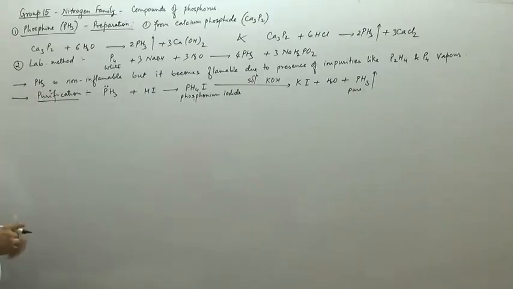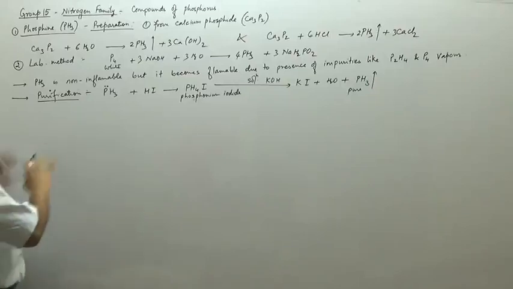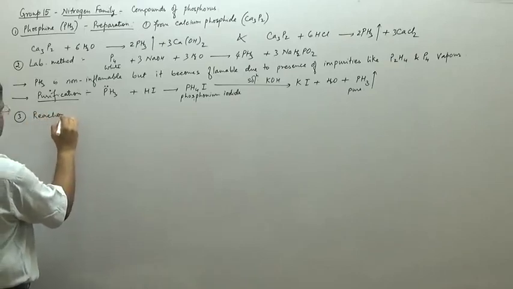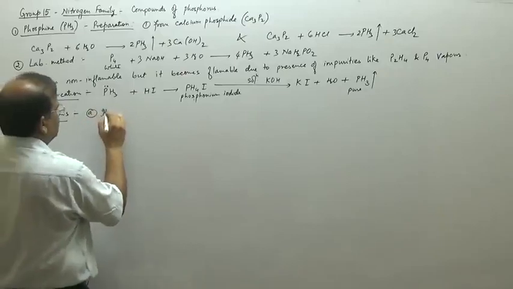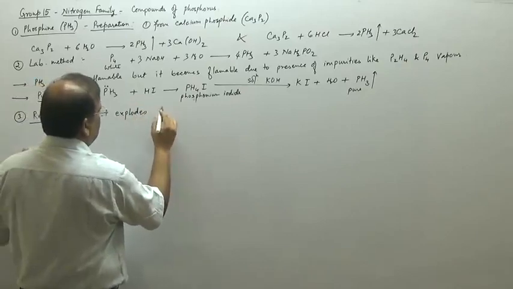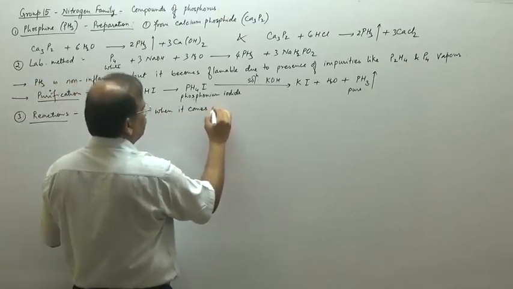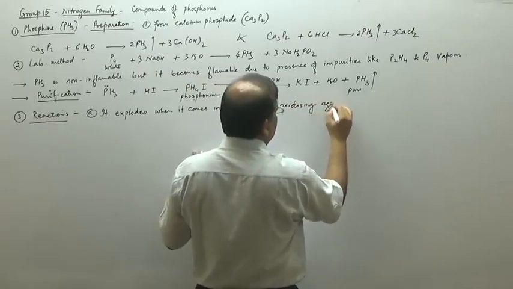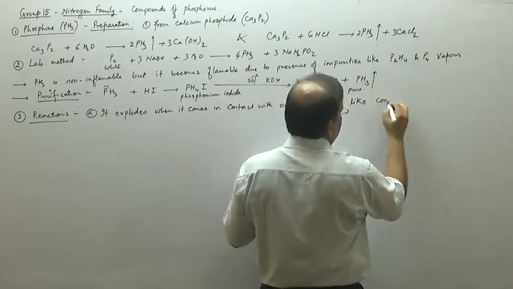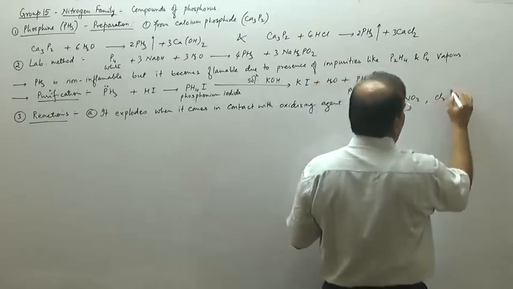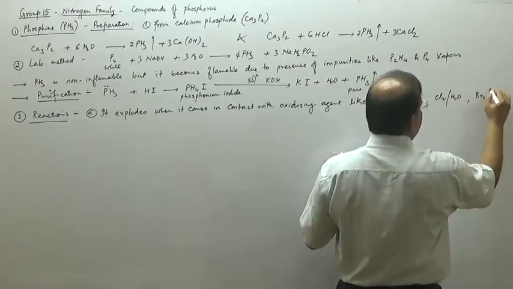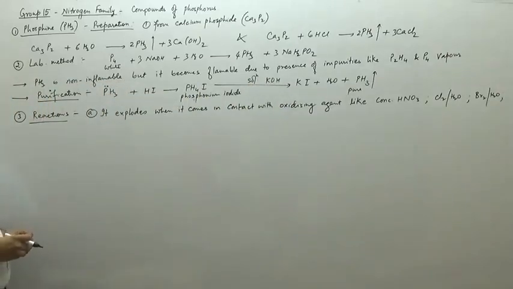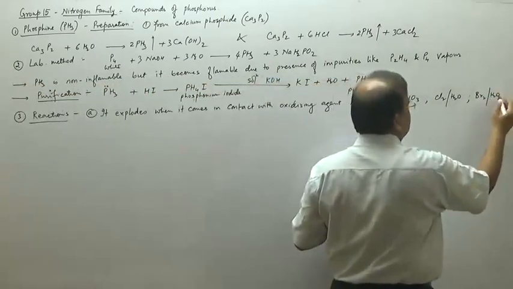PH3 explodes when it comes in contact with traces of an oxidizing agent like concentrated HNO3, chlorine water, bromine water, etc. These are the oxidizing agents.